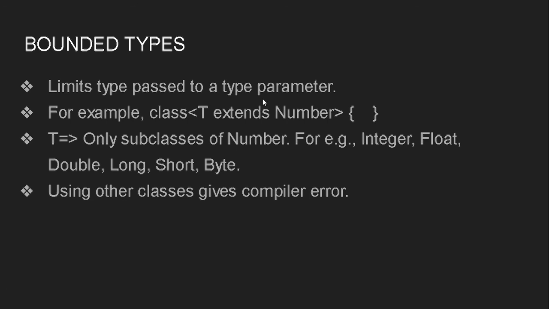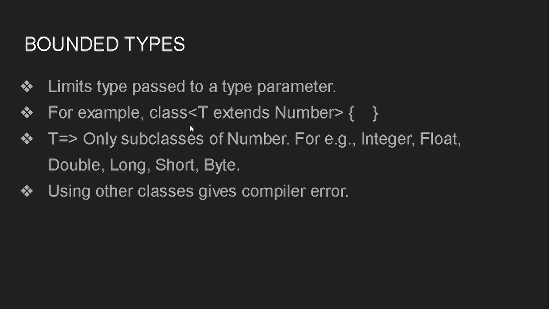Here Number is the upper bound, and T can accept any subclasses of Number. Subclasses mean child classes of the Number class. Using any other classes apart from that is going to give a compiler error. So you cannot write class Thread here.